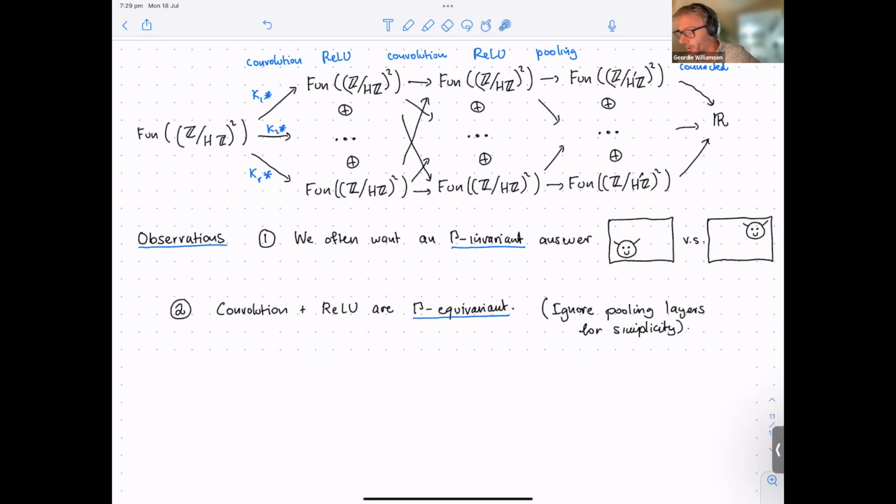The other important point is that convolution, also known as applying a filter, and also ReLU, the rectified linear unit, are gamma equivariant.